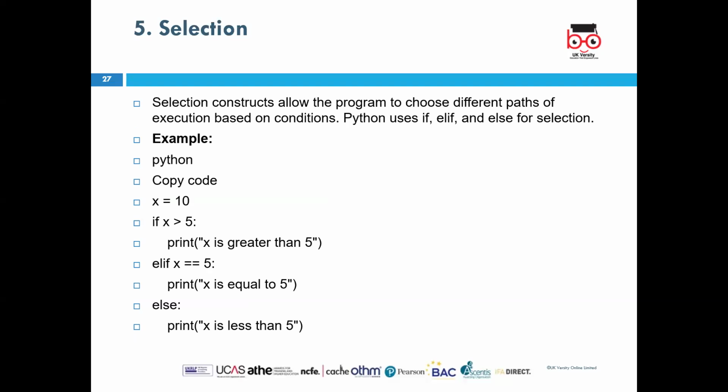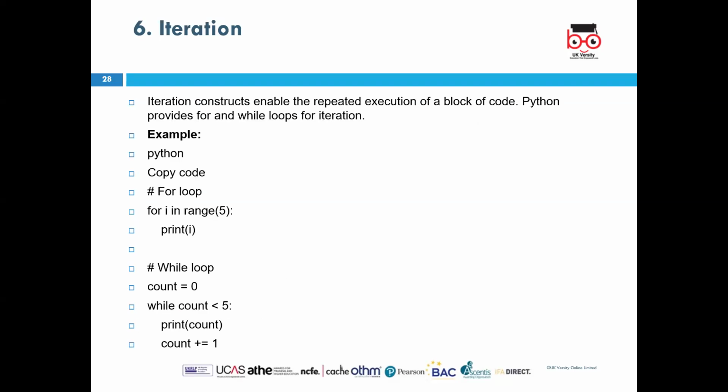Selection, well, the selection construct will allow our program to choose different paths of execution based on conditions. Iteration, as mentioned before, we're going to recall the same mathematical calculation, but we're going to execute this with a block of code, and this can be done with loops, iteration.